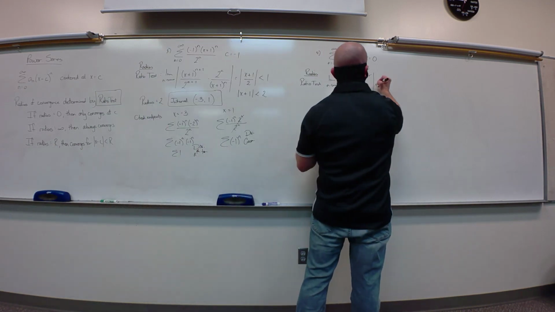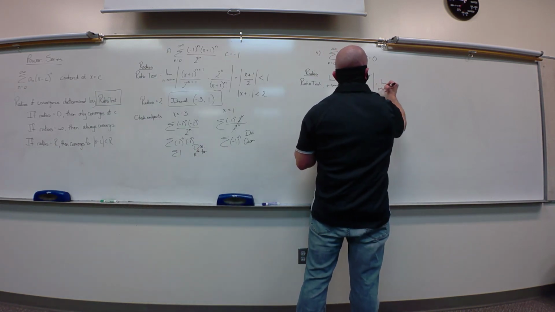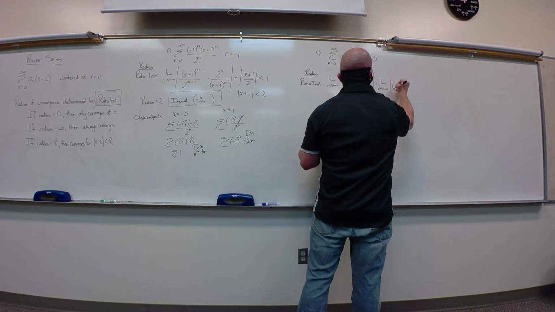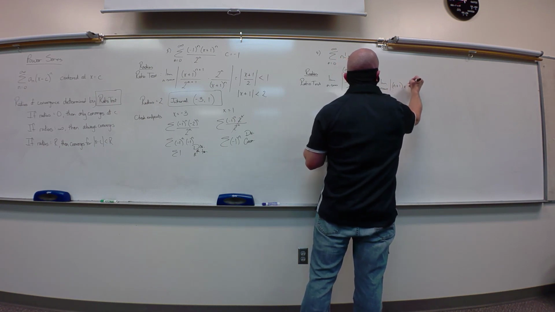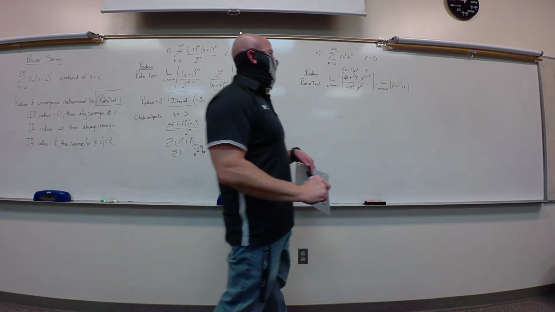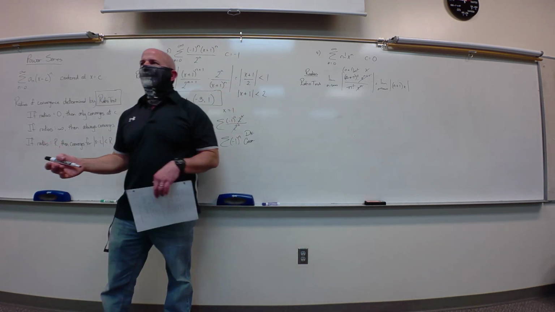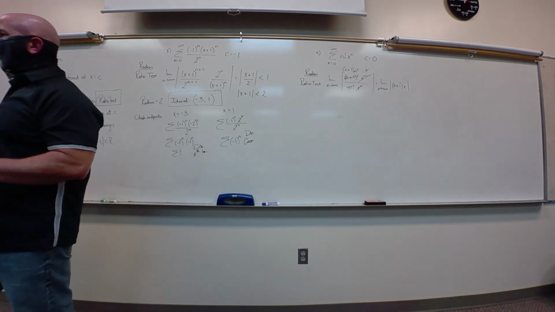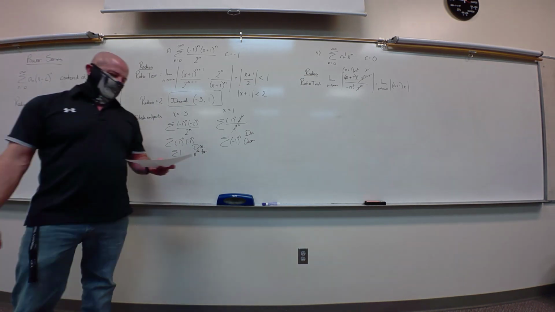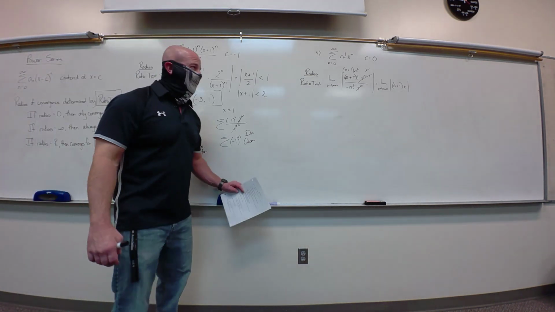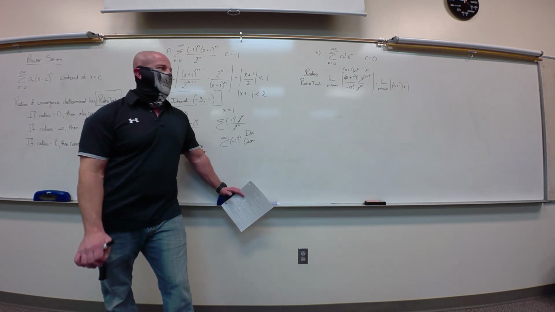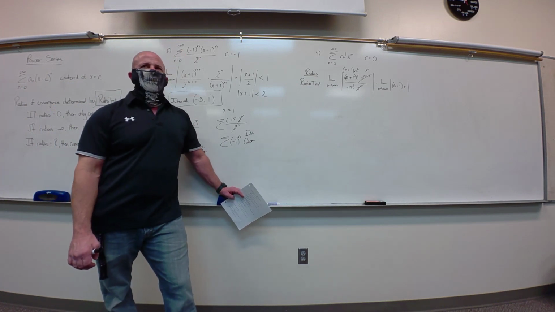So now we're left with the limit as n goes to infinity of the absolute value of (n plus 1) times x. Now, I know in the last few I haven't rewritten the limit because there's no more n's left. This time I've got an n left, so I wrote that n in there. So what would the limit as n goes to infinity of (n plus 1) times x equal?